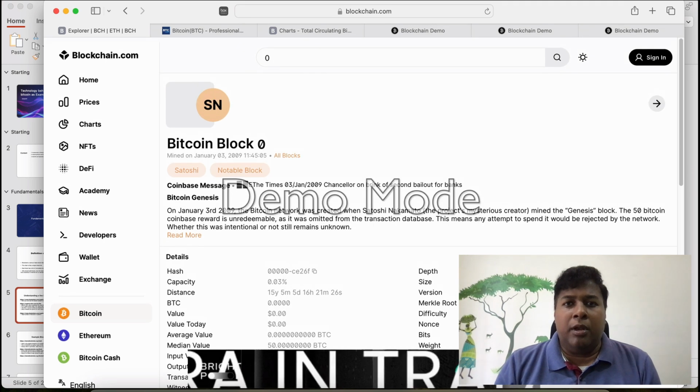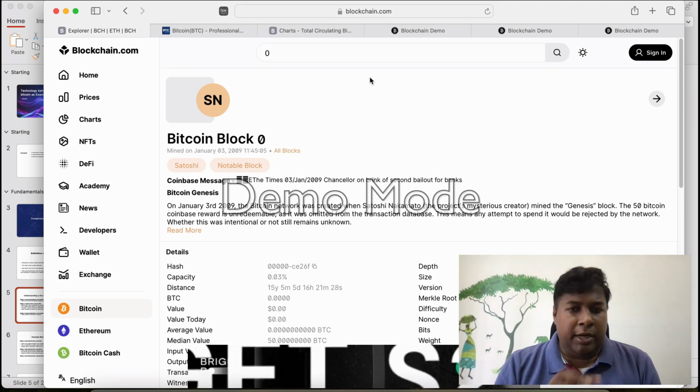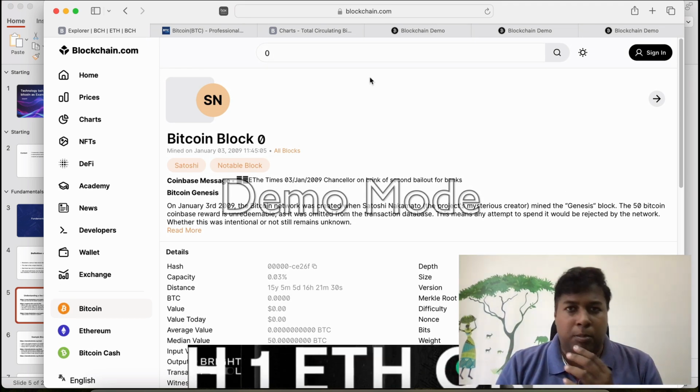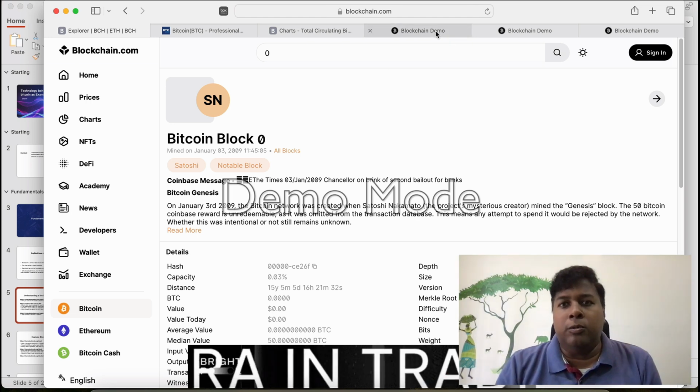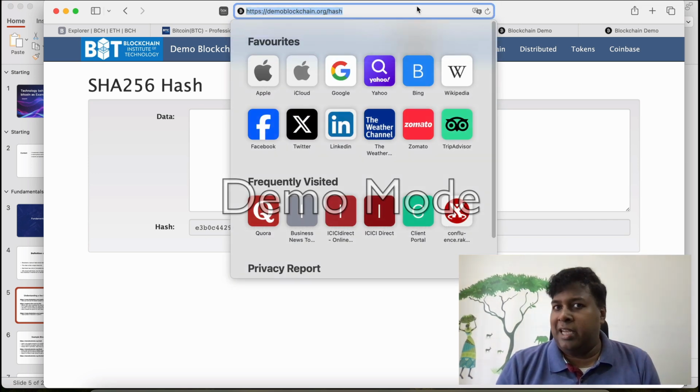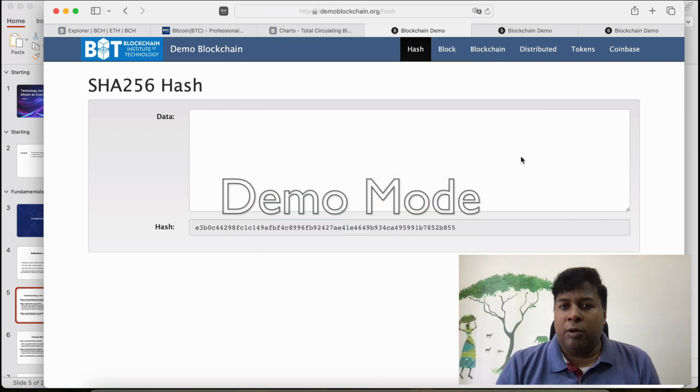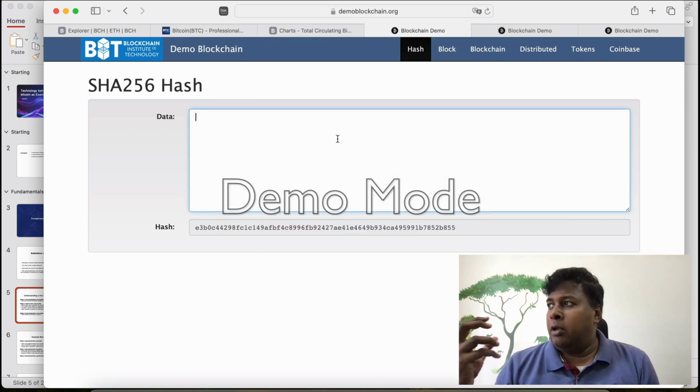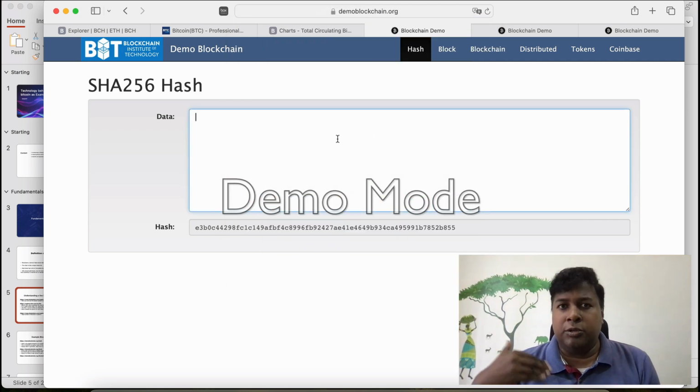So now you've got an idea a little bit about a block. Let us go into a little block demo. This is a demo on blockchain.org/hash, and I'm going to put the link down so you can also go and try.